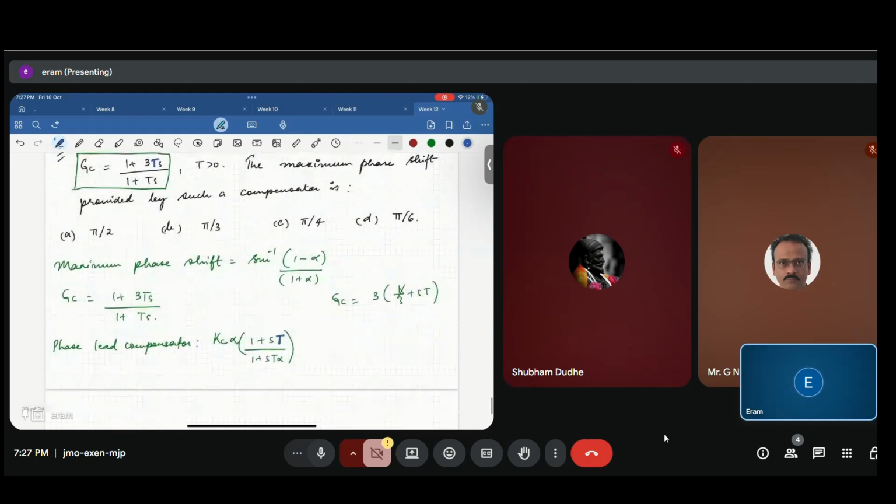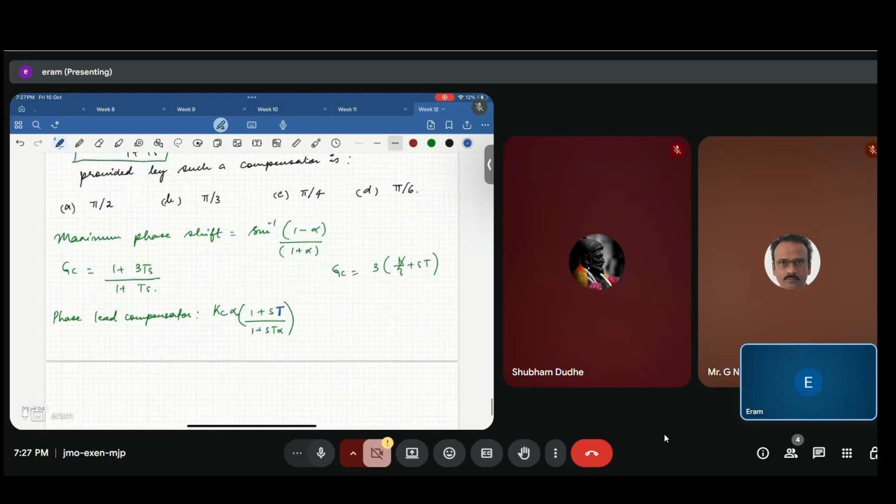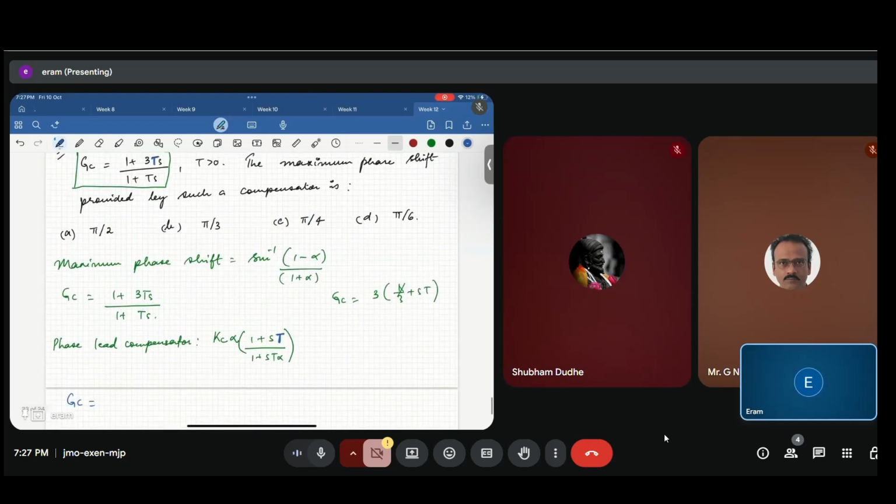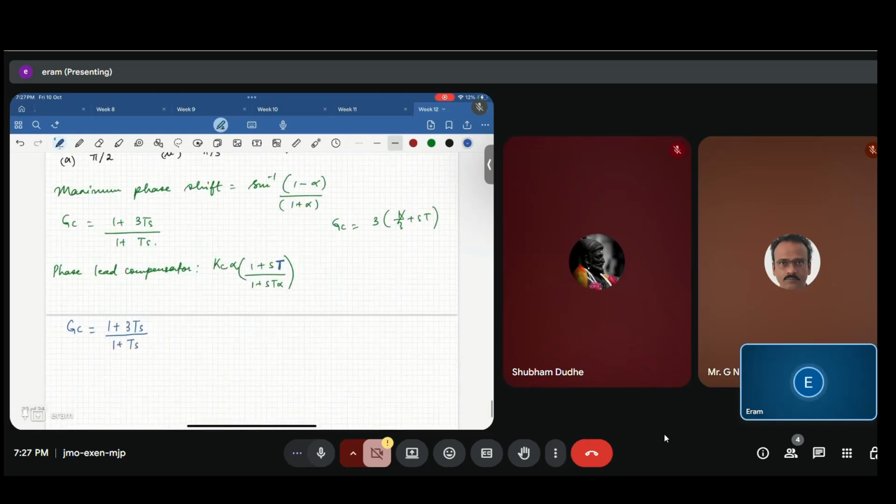For the transfer function given to us, it is (1 plus 3TS) divided by (1 plus TS), and we need to write it in the form (1 plus ST') divided by (1 plus ST' alpha).